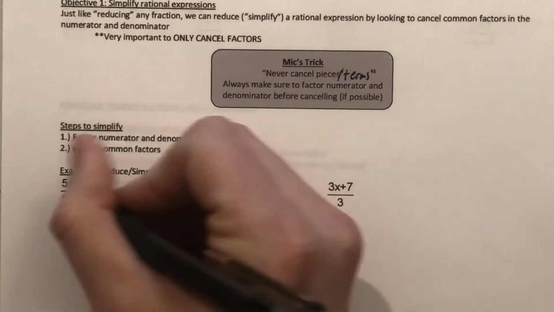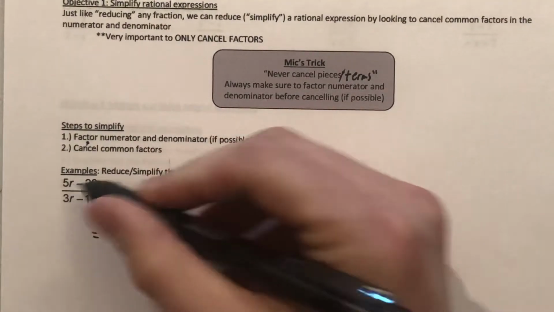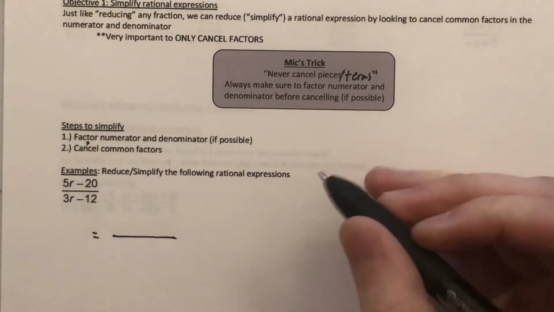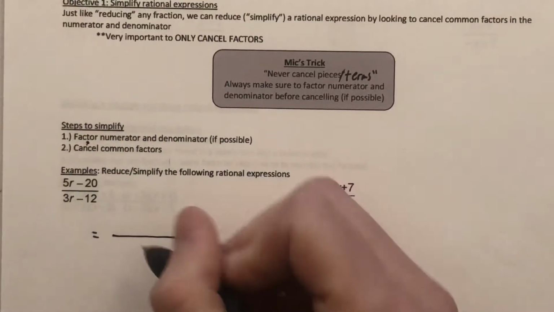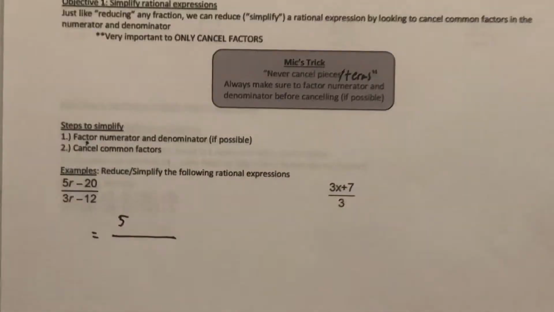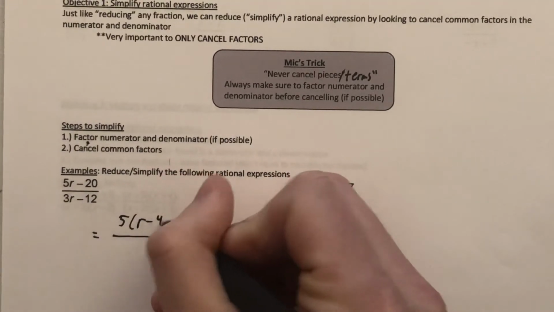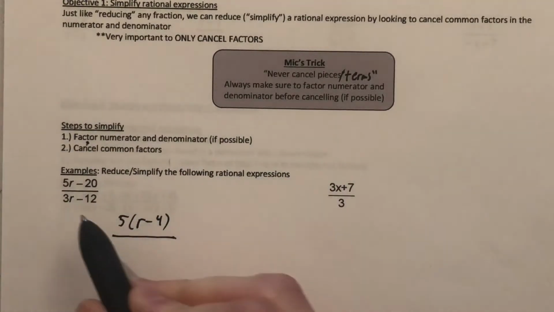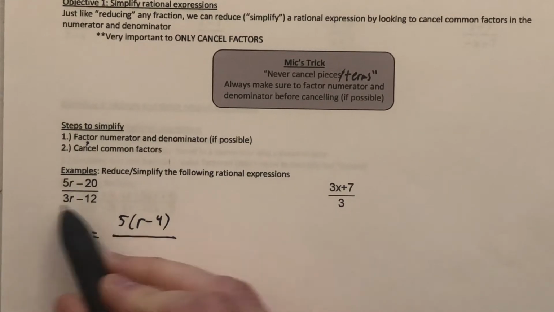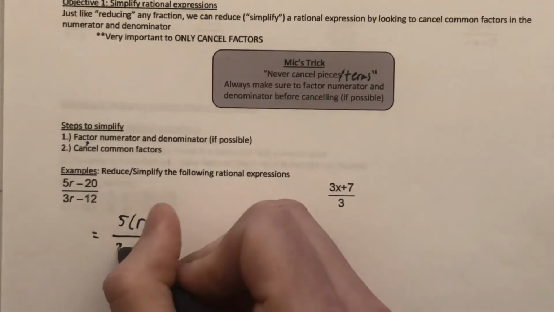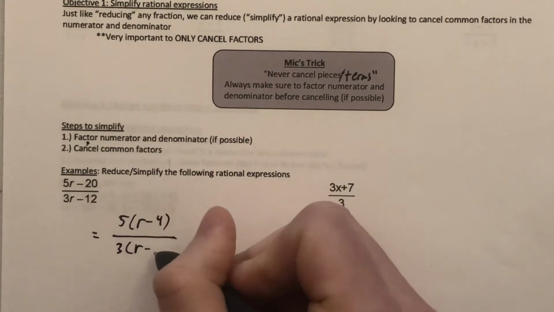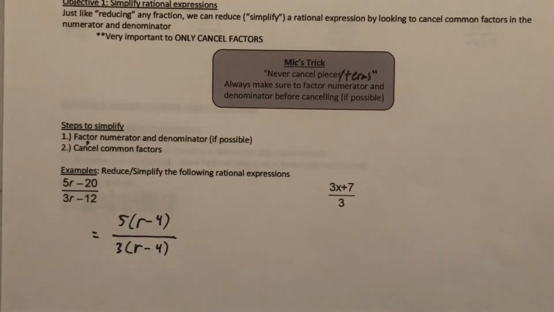So in this case, this fraction, the numerator, 5r minus 20, our first factoring technique is GCF, and so I'll always try that first. And in this case, there's a GCF of a 5 in common with those two terms, leaving me r minus 4 left over. Second expression, the denominator, I see a GCF of a 3. And I factor that out, I see an r minus 4 left over.